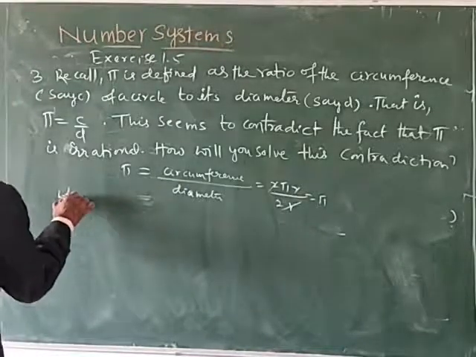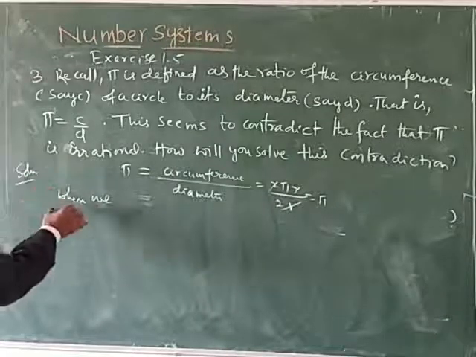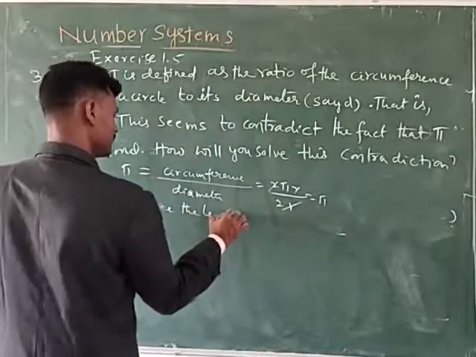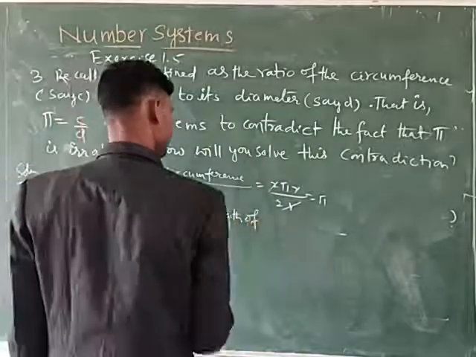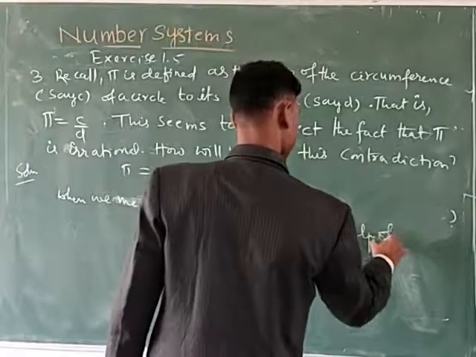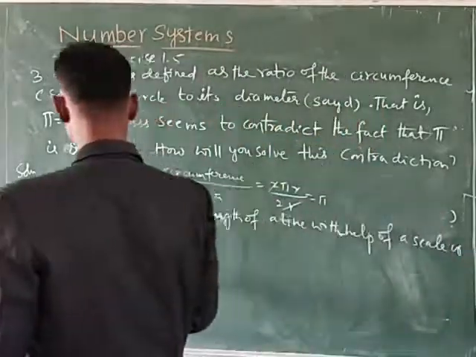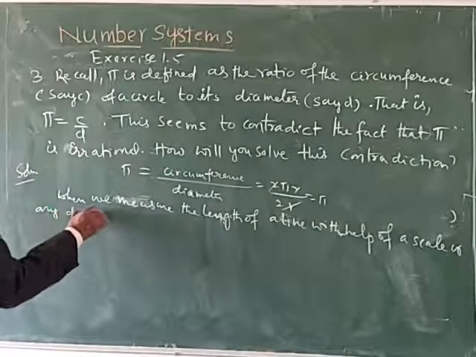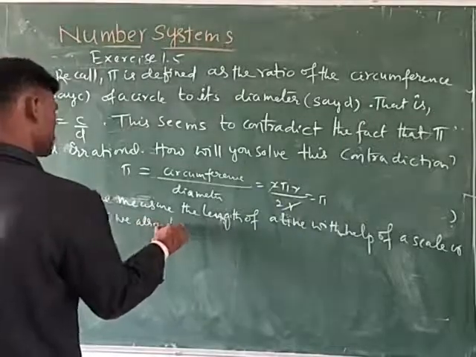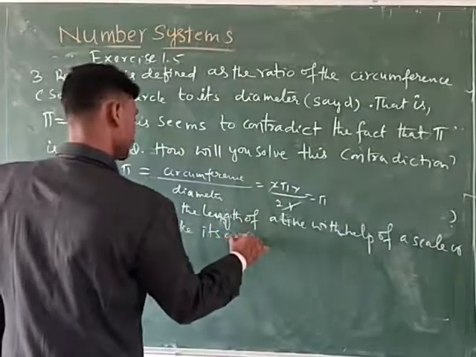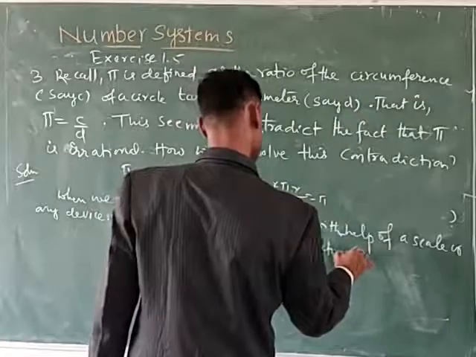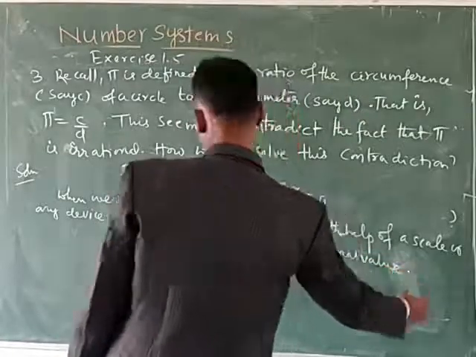Here, when we measure the length of a line with the help of a scale or any device, we also take its approximate rational value.